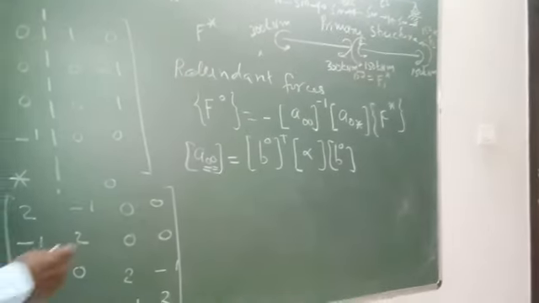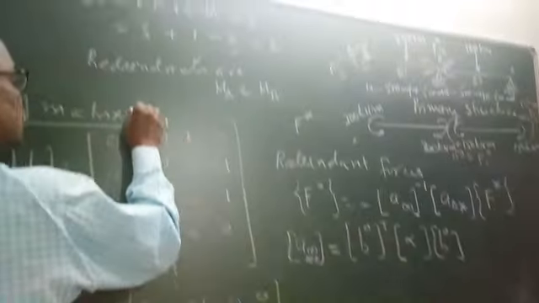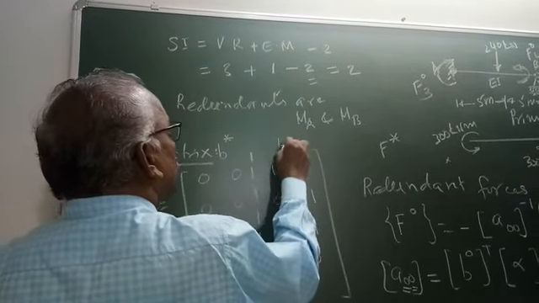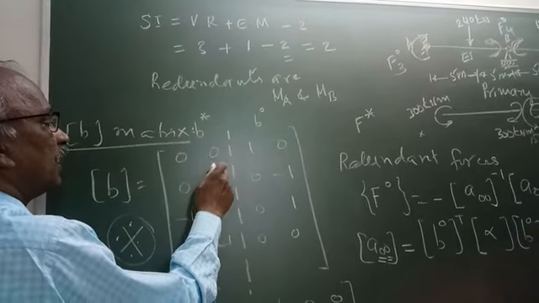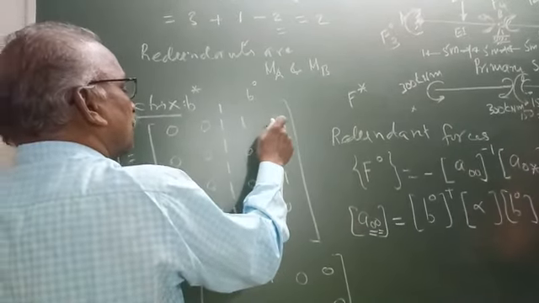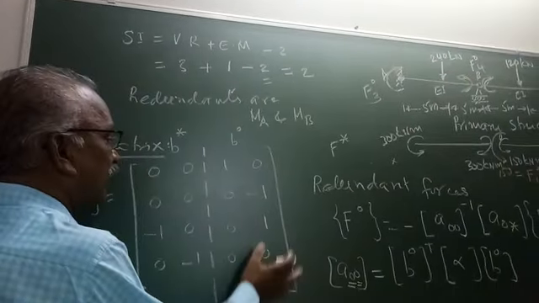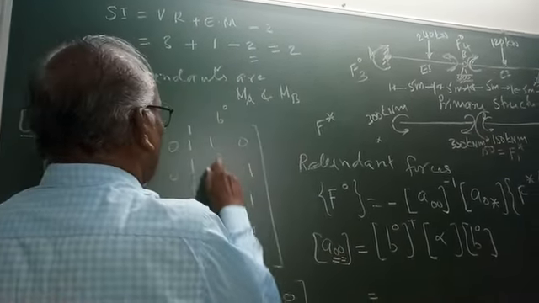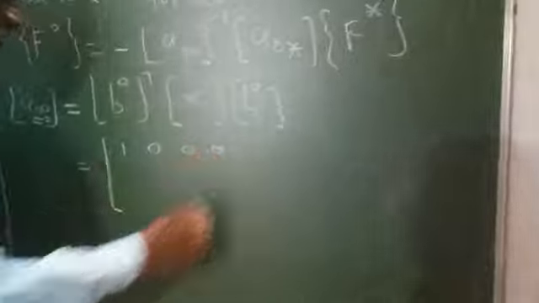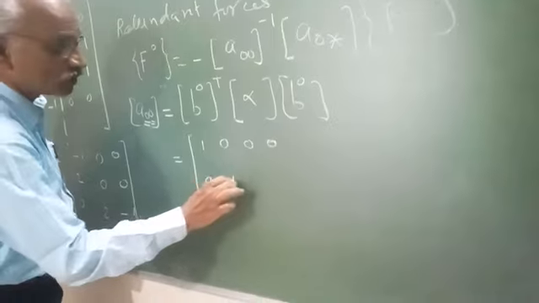Here this is the B star matrix, this is the B naught matrix. By applying F1 star, F2 star, we obtain the two columns. By applying F3 naught equal to unity and F4 naught equal to unity, we got the third and fourth columns. So we have to make use of the second one. B naught transpose will be 1, 0, 0, 0, then 0, minus 1, 1, 0.